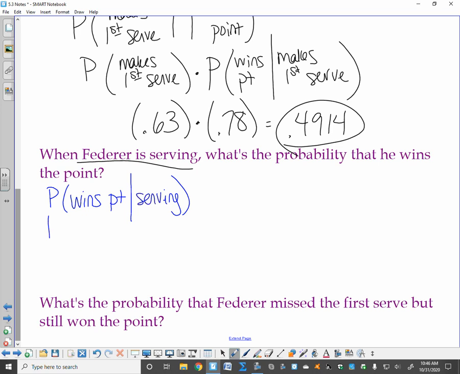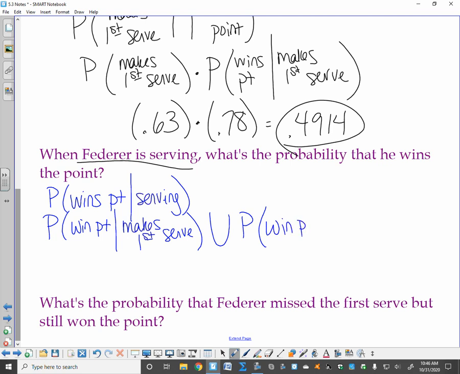He could win point given makes first serve, or, okay, and hold on, I'm going to be fancy pants, or he can win point given that he misses first serve.